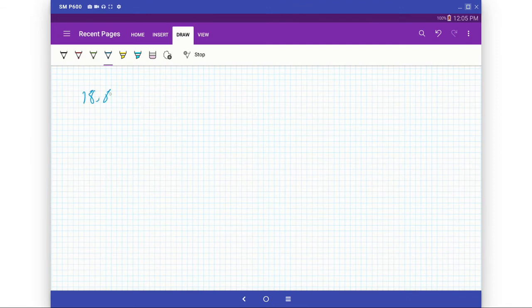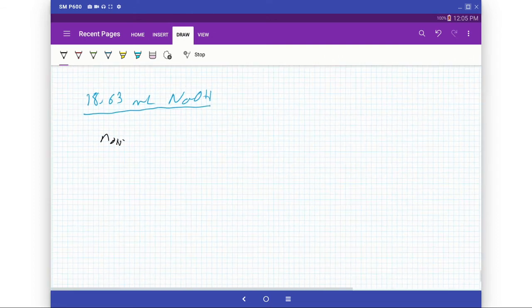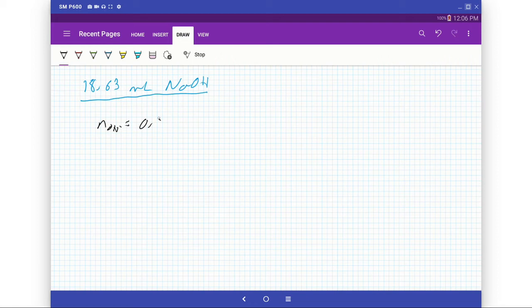18.63 milliliters of sodium hydroxide. All right, need to figure out the number of moles of hydroxide. The number of moles of hydroxide is 18.63 milliliters times the concentration, which gives that many moles of hydroxide.